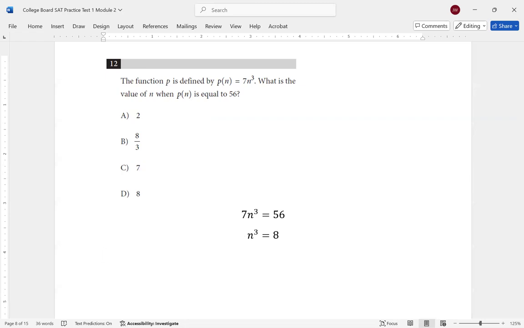So the cube root, or 1/3 power, on both sides would give us n is equal to 2. And so obviously, once again, that's answer A. We got 3 A's in a row in these last 3 problems.